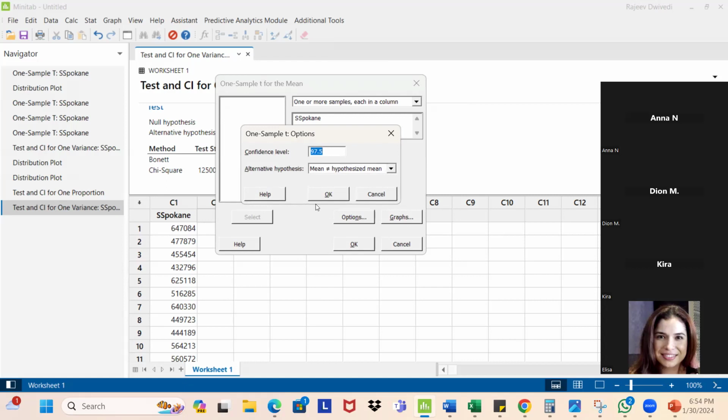So here now you have two more options. One is mean is less than hypothesized mean. So the alternative hypothesis would be mean is equal to or greater than hypothesized mean. Here, mean is greater than.